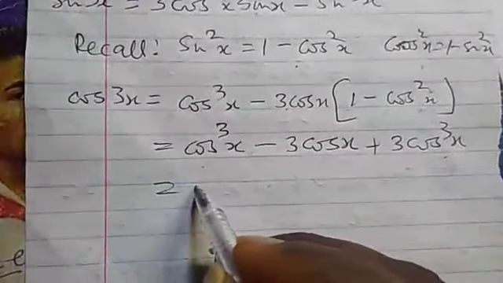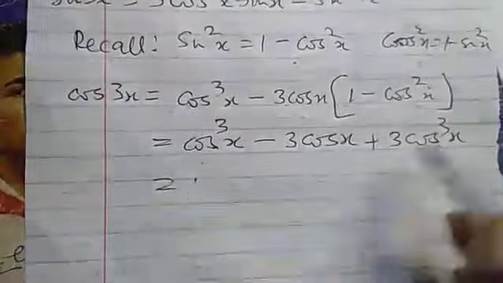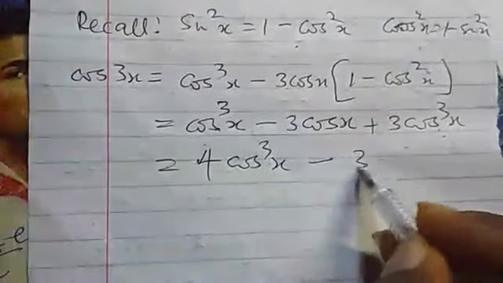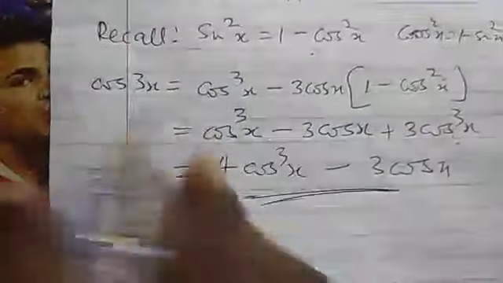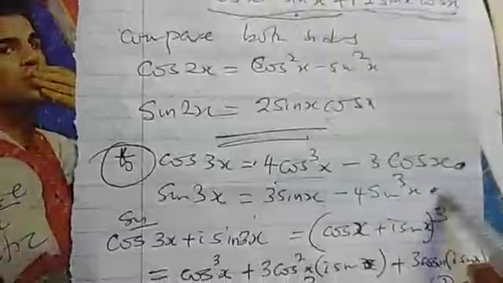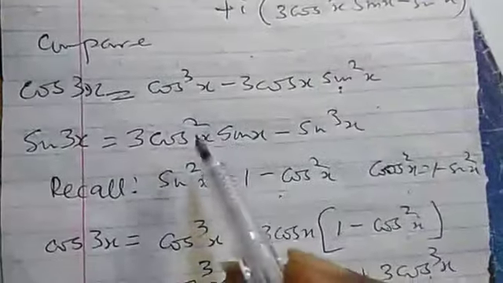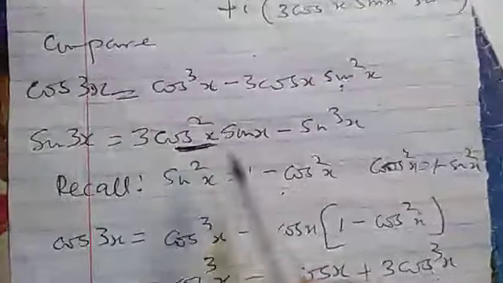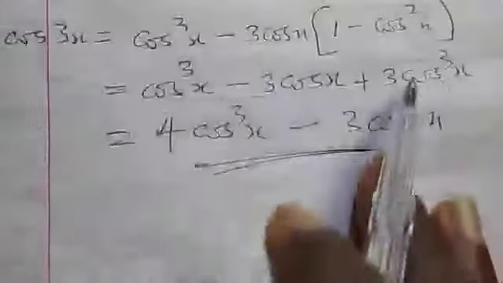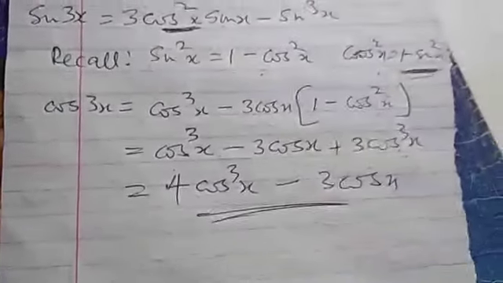If you add it together, this is cos cubed, this is another cos cubed, it will become 4 cos cubed s minus 3 cos s. So we have proved it. That is it. But for this one, you go and do it yourself. For the second one, you only need to turn this cos squared s to 1 minus sine squared s. When you have done so, you are going to get the required result.